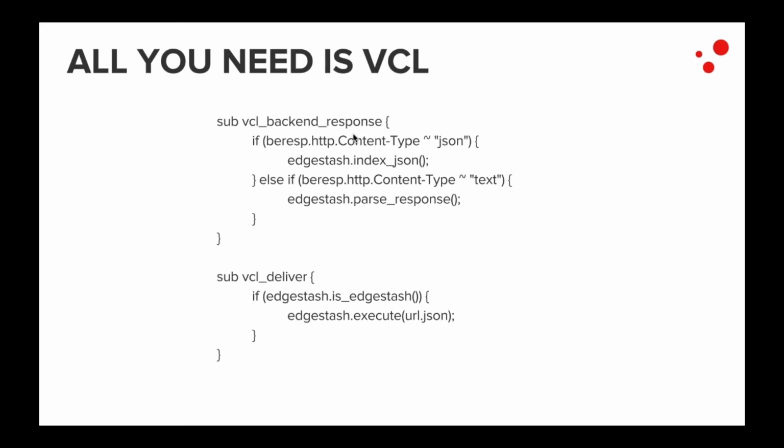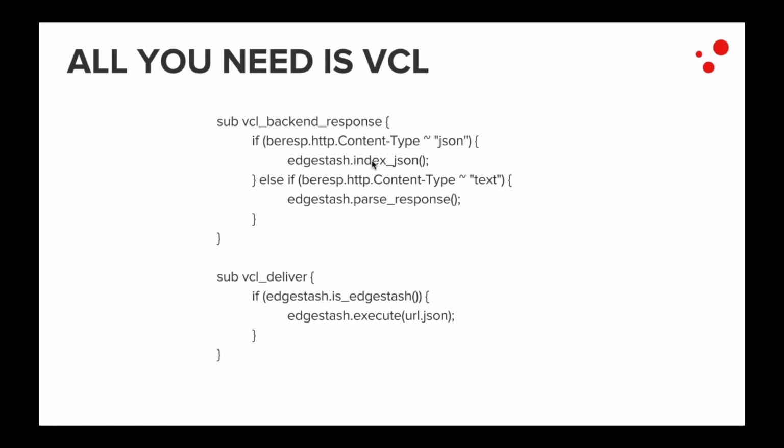So in VCL backend response, and that's a subroutine which is run when a new object is actually inserted in cache. So that's right after a backend fetch, the new object is being inserted in cache and Varnish runs this VCL backend response. So if the content type is JSON, then Edgestash will index the JSON to make the search easier and obviously more performant.